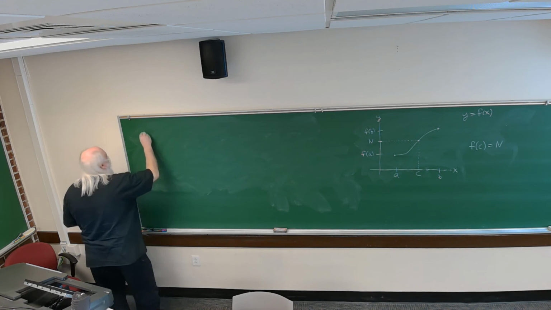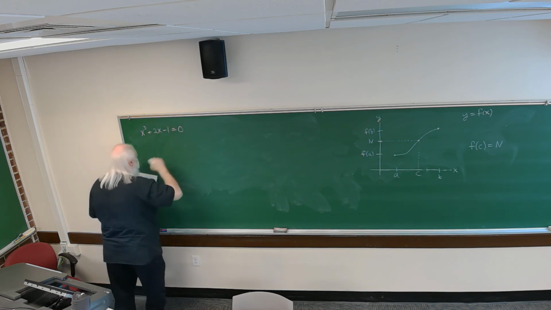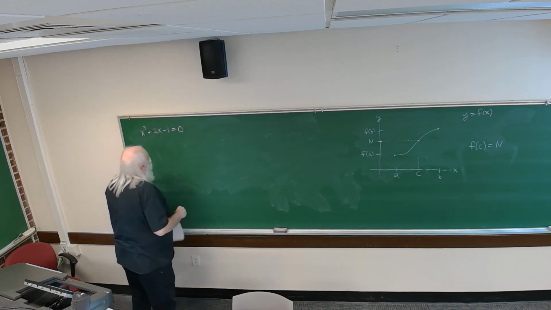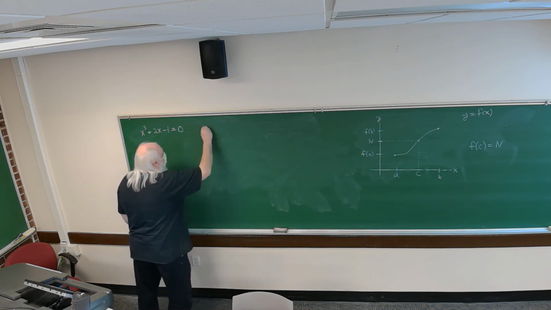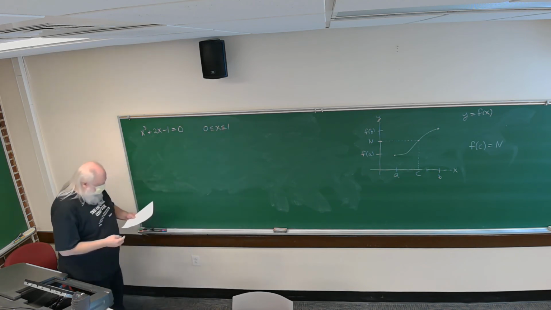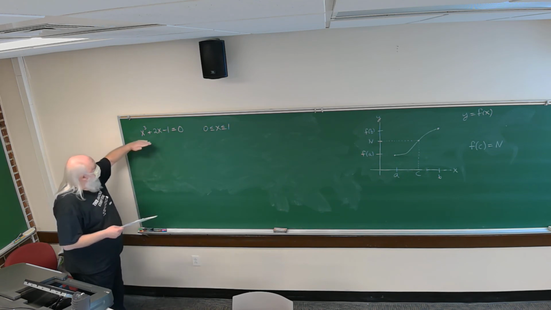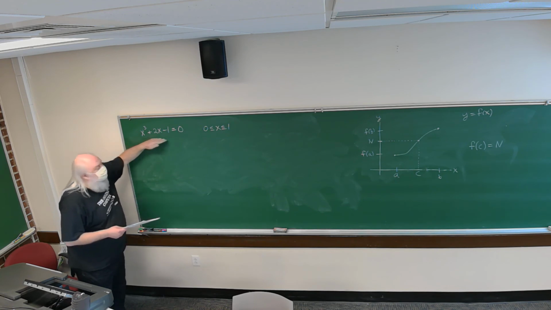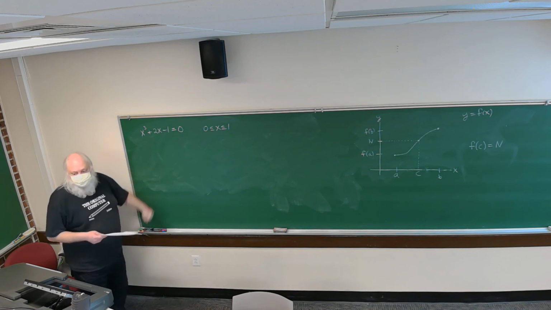This is saying there is a value of x between 0 and 1 such that it makes the left-hand side equal to 0. What is that value of x? Well, we're not going to find it. We're just going to prove that one exists.